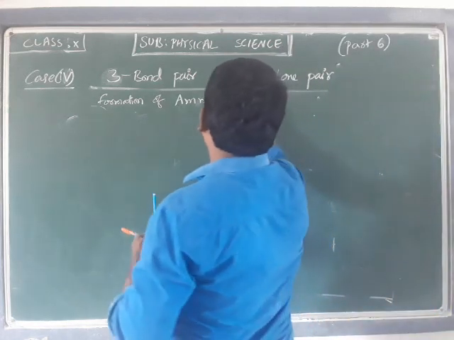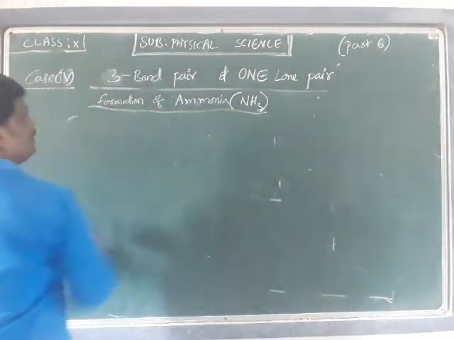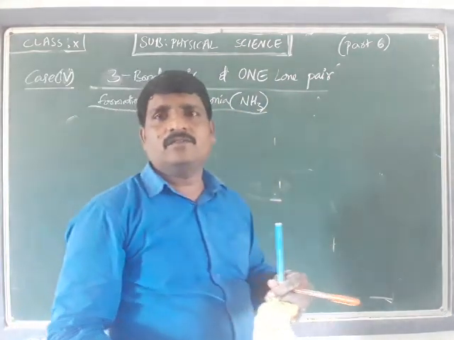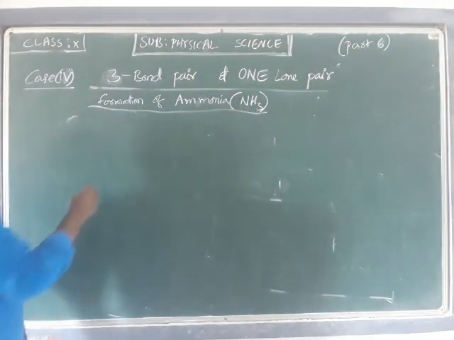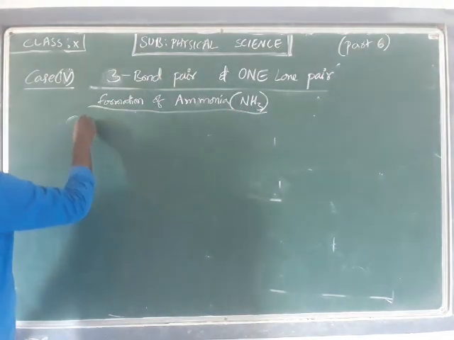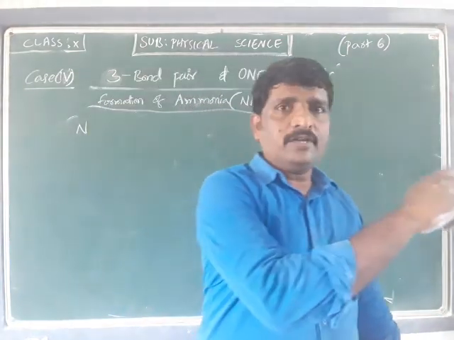So the ammonia molecule, NH3, how is it going to form? Let us discuss. Very important, an easy discussion, you can understand easily. See the nitrogen configuration, we are talking about the nitrogen configuration.